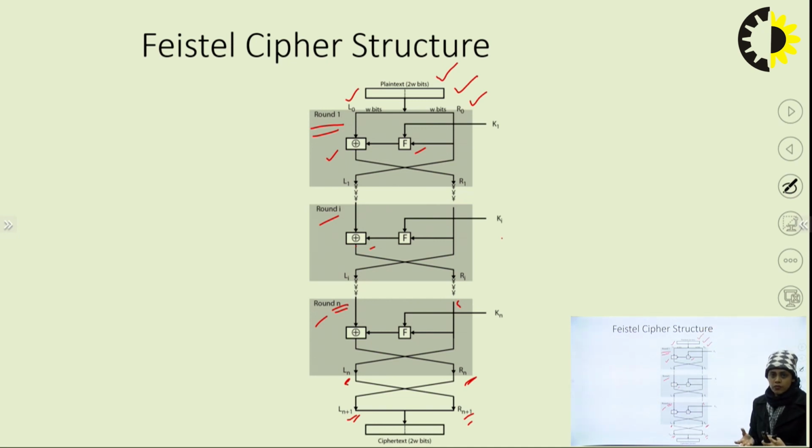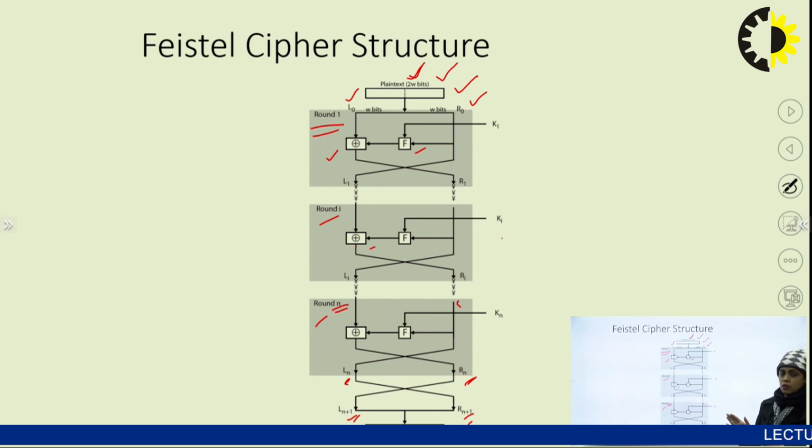The input is of size 2W. I have assigned this value as 2W because we have divided it into two equal halves. So 2W is divided as W and W on the left and right side. In the same way, finally these two halves are going to be combined together, and they will contribute to the ciphertext. So this is a general structure, you can say, which acts as a base to many other mechanisms and techniques.